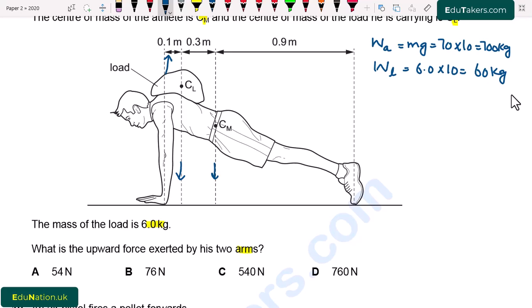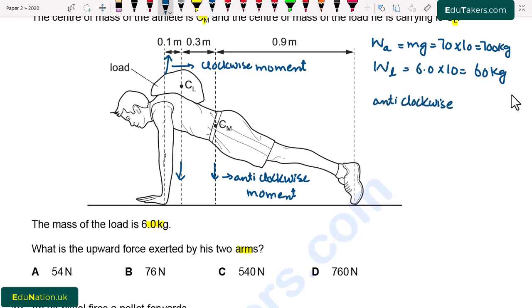Load and weight are acting in the downward direction, so they cause the anti-clockwise moment, while the upward force causes the clockwise moment. So according to this principle, the clockwise moment must be equal to the anti-clockwise moment. So I write here: anti-clockwise moment is equal to clockwise moment.